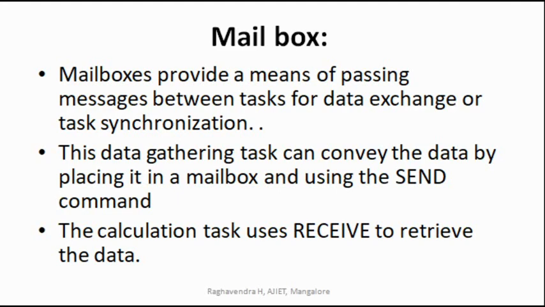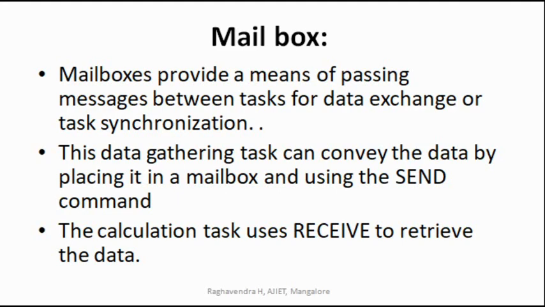Mailboxes provide a means of passing messages between tasks for data exchange and task synchronization. Between tasks, data exchange will be done through the mailbox. Between processes, data exchange can be done in two ways. One is message queuing, and the other is direct transmitting from transmitter to receiver.